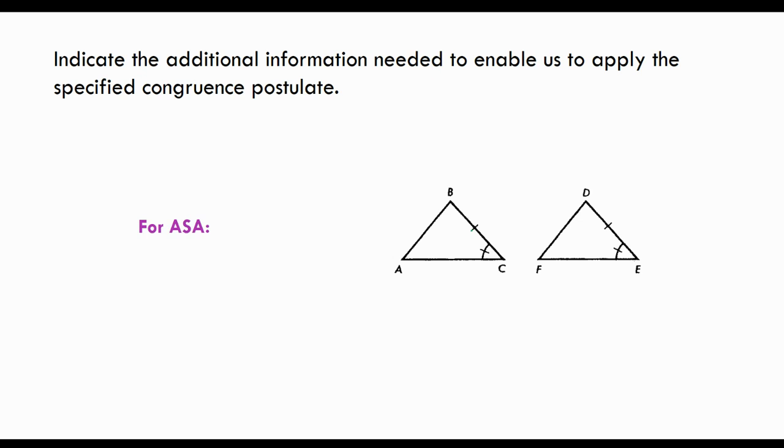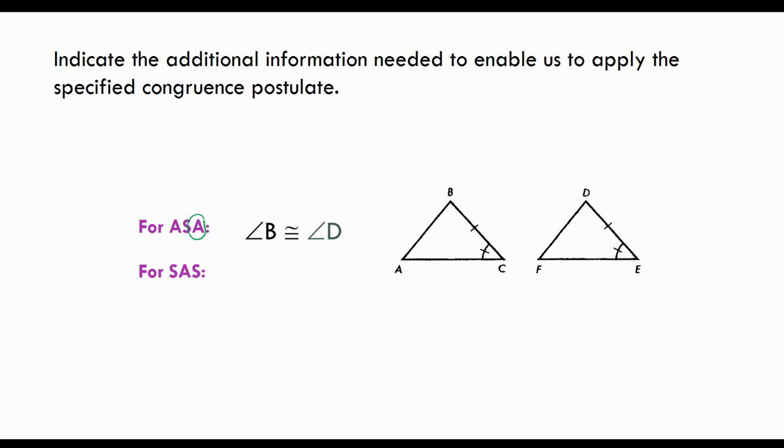Notice that one side is in my picture that's marked, one angle is in my picture. So what happens to be missing? Well, another angle is. So what I have to do is name the angle that would make the side sandwiched in between. I want that to be the included side. So hopefully we notice that would be angle B congruent to angle D. Okay, that makes the segment in between the angles.